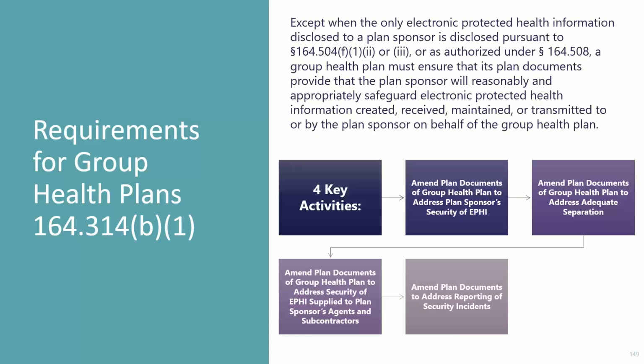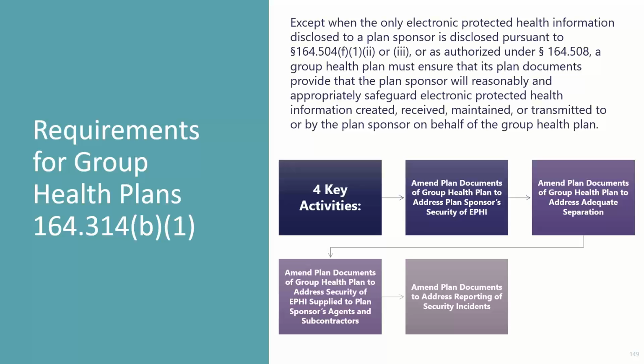Now, there are certain requirements for group health plans as well. One of the things you always want to have with the group health plan is to make sure that you have plan documents that also talk about HIPAA, and that you are actually following the Health Insurance Portability and Accountability Act. And we should also put that in the summary plan descriptions as well.